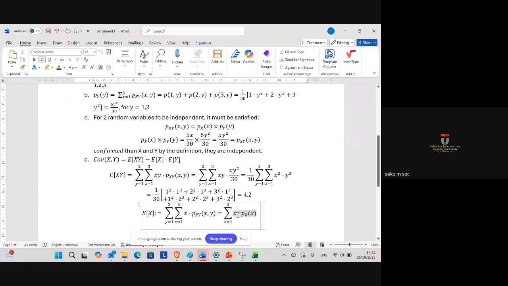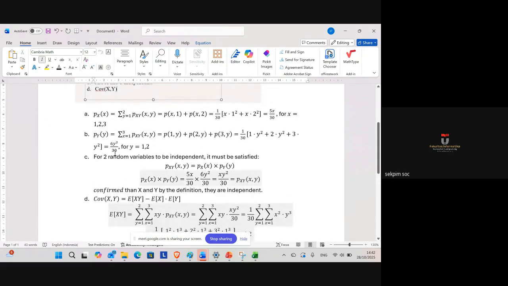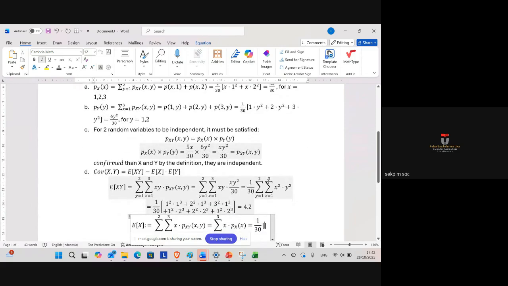Because it only depends on x and the marginal function for x, which is px. So this equals 1 over 30. Okay, and what is px? Px is this one, right? 1 per 6, right?